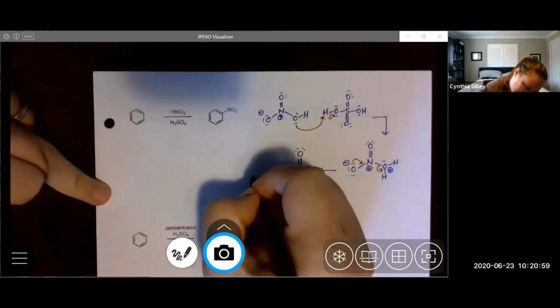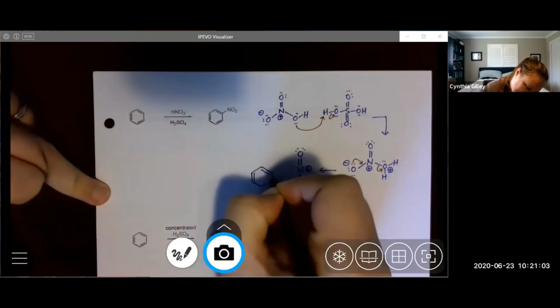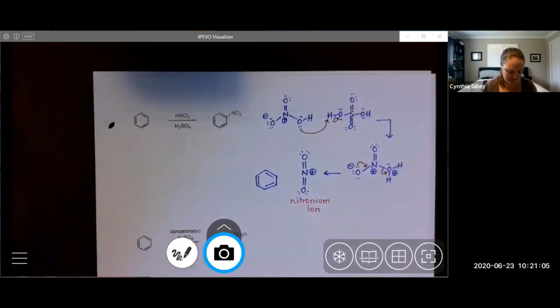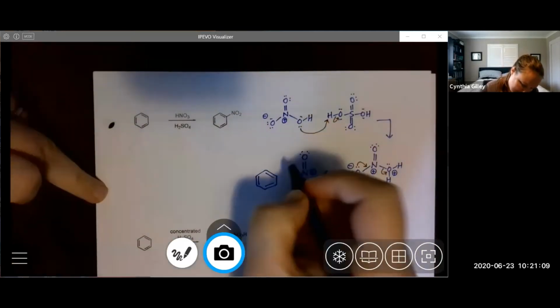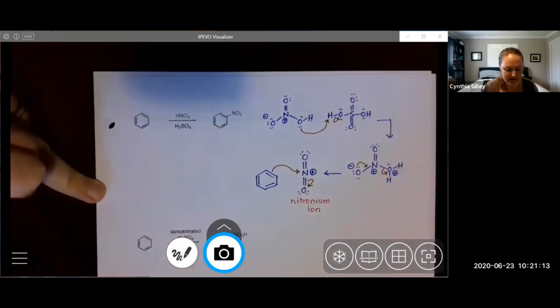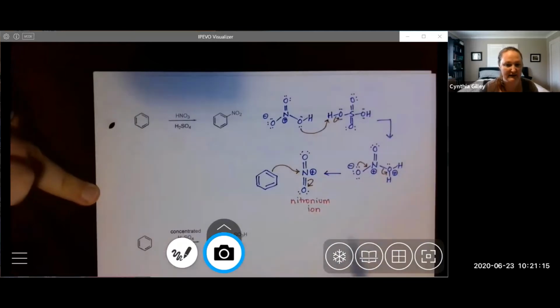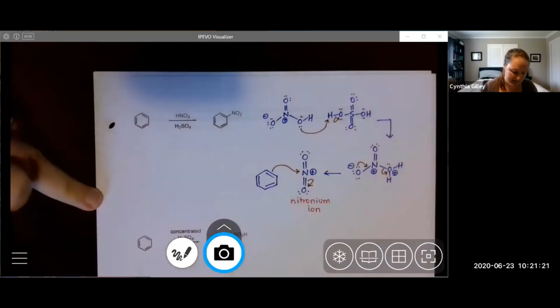Okay, at this point, once we've generated the active electrophile, we can get the aromatic ring involved in doing the nucleophilic attack. Remember, you can't exceed an octet on nitrogen. It's a second row element like carbon. So we have to draw this resonance arrow at the same time as the nucleophilic attack.